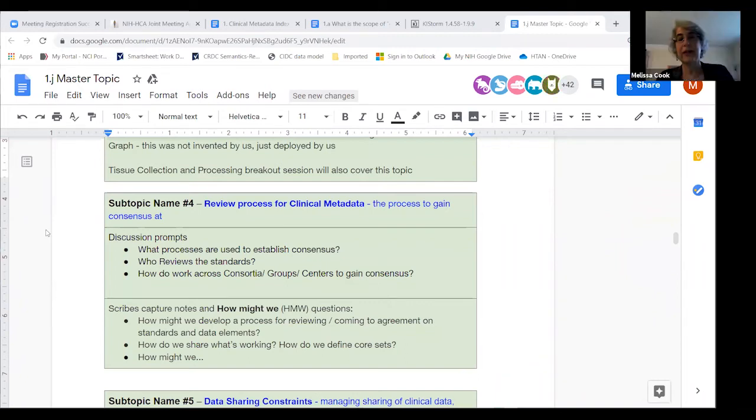I just wanted to say on this whole general topic, there is a lot of work that has happened in the biopharmaceutical industry and standards around standardizing workflows and analyses as well. And I think it would be helpful to learn what some of these other groups are doing in terms of how they manage their consensus process. Some of them have SOPs.